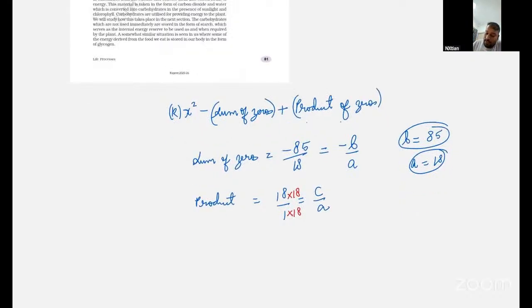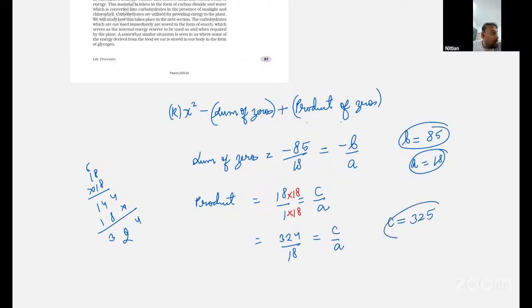So it's going to look like this: 18 times 18 is 324, so it is 324 by 18. If I compare it, then c is equal to 324.